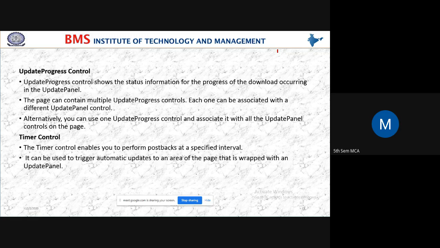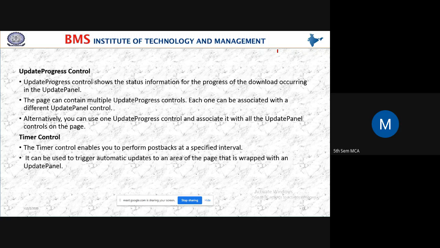When I click on download, there you can see the status of how much it has downloaded. If it has downloaded 50%, you can see 50%, or 90%. Whatever the current status is, it will show using the update progress control.